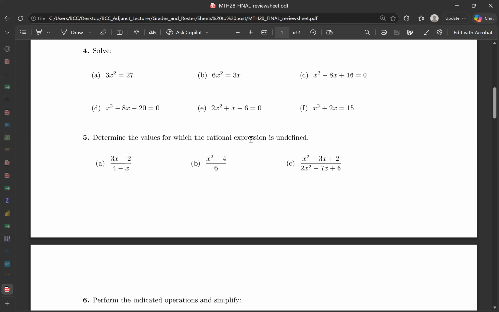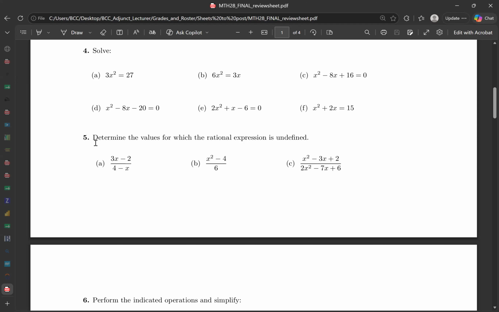To be honest with you, there isn't really a question on the final like question 5, but you get the idea, right? They're asking you which values will make the rational expression undefined. So what value in the denominator will make the denominator 0? In A, for example, what could you plug in for X to make the denominator 0?